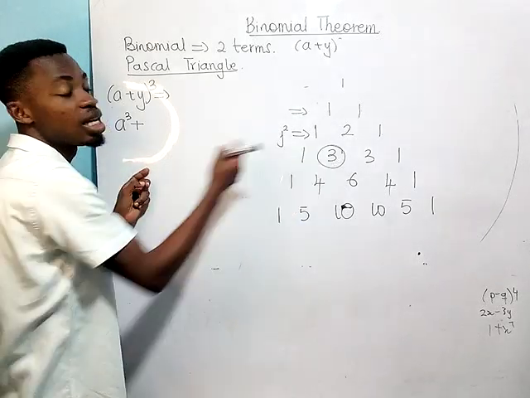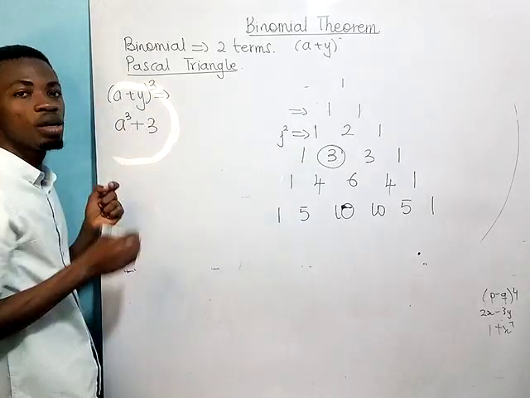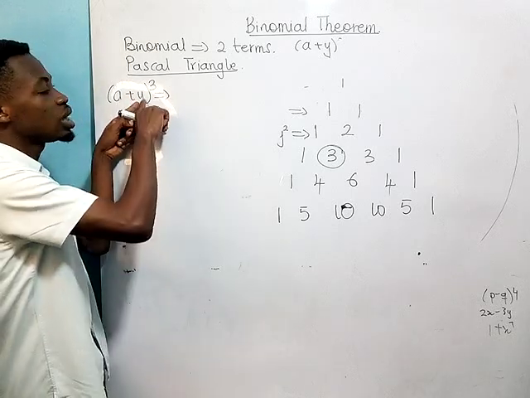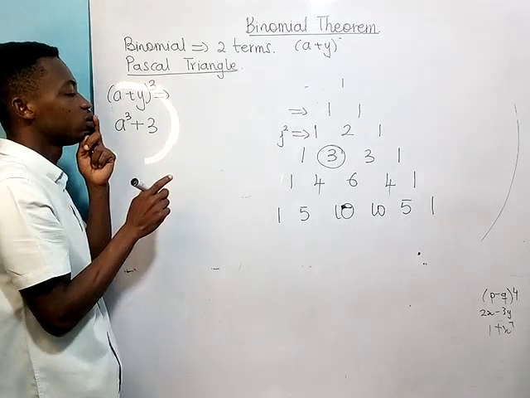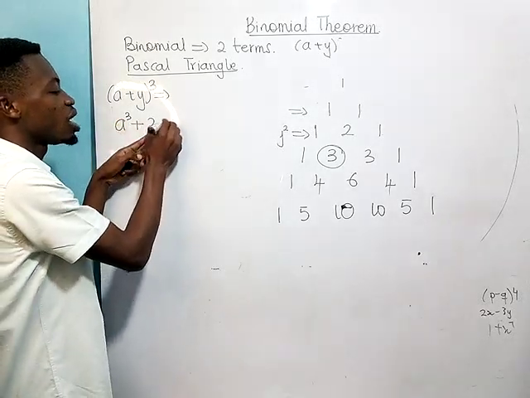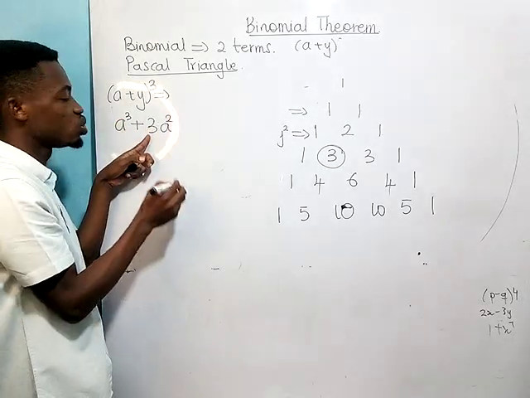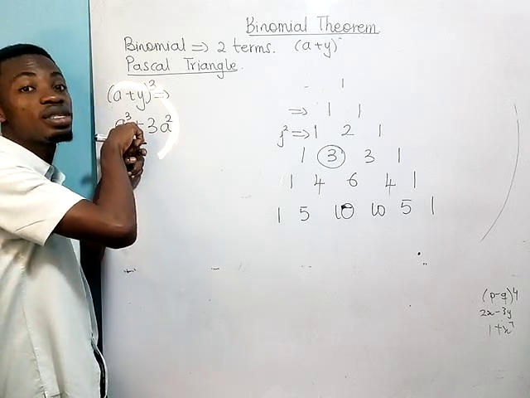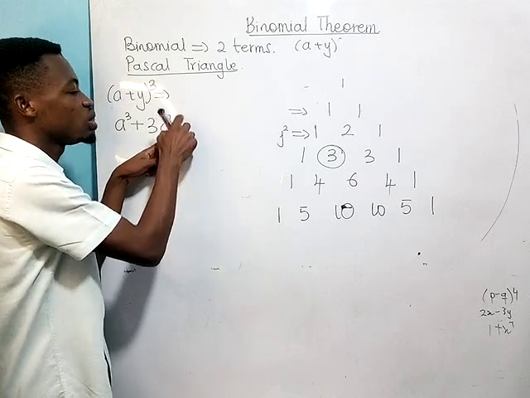The next coefficient is 3. But now, the exponent of the a will reduce by 1, then that of the y will increase by 1. So a to the power 3 now becomes a to the power 2. And here, y was absent, which means y was to the power 0. It becomes y to the power 1.